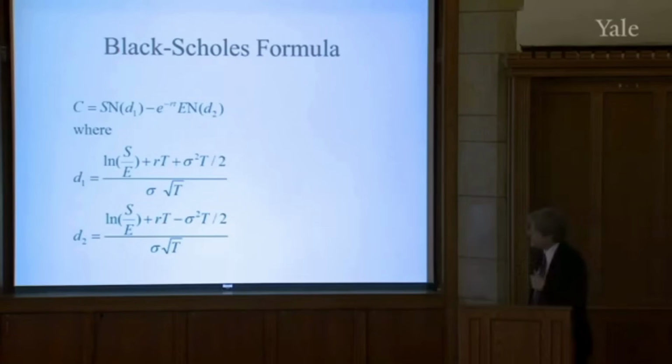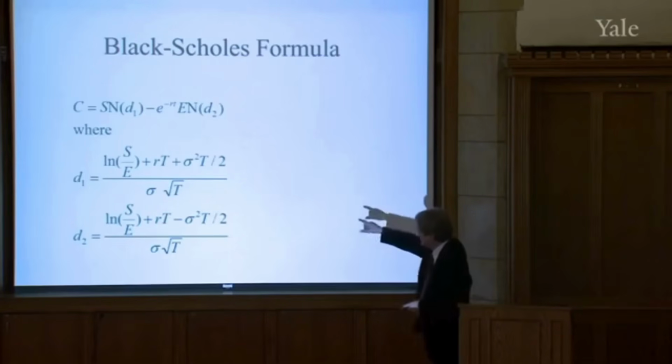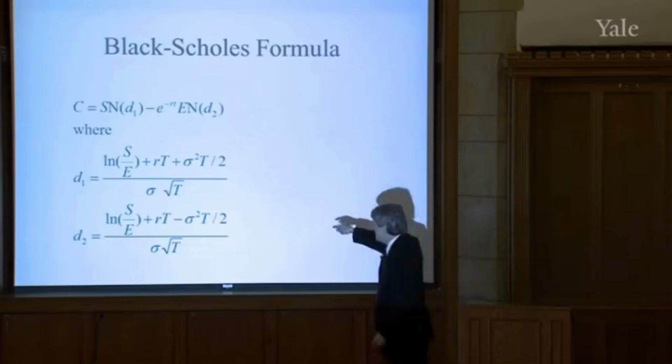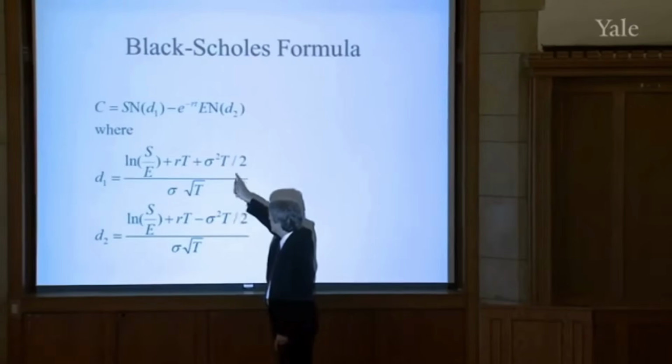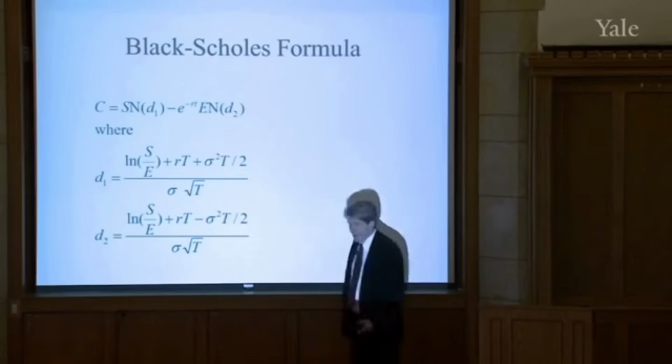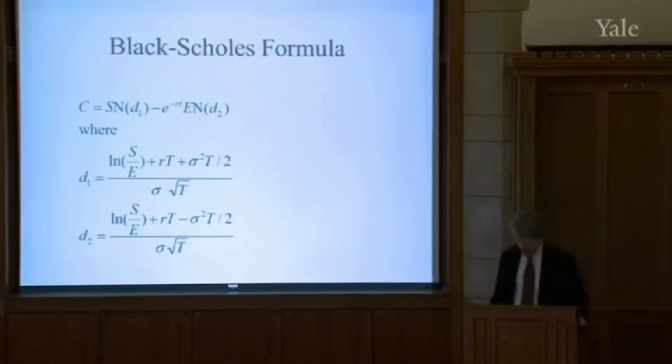So let's actually solve for how high that is. I can't actually solve this equation. I have to do it numerically. But I can calculate for any call price, given the stock price, exercise price, time to maturity, and interest rate, what volatility would imply that price.